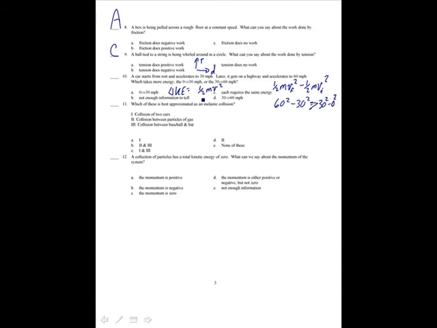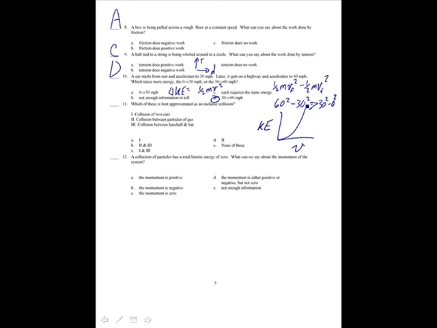So that means that it requires more energy. If you plot the kinetic energy versus the speed, it's a parabola, right, because it's v squared. So as v increases, the kinetic energy increases at a greater rate. It's not linear, it's quadratic.